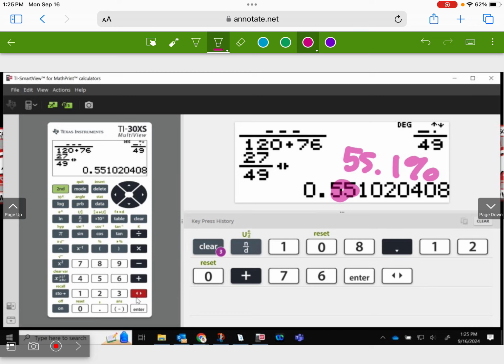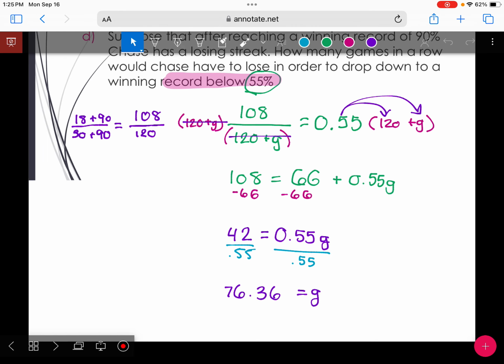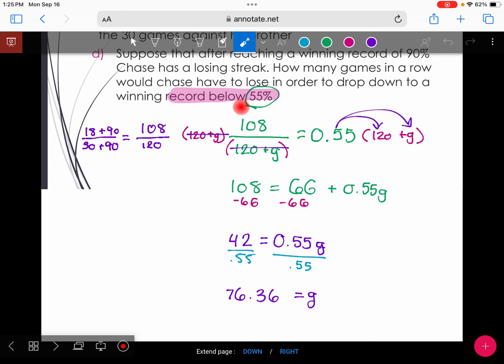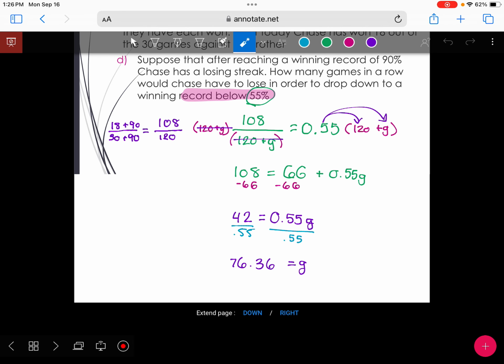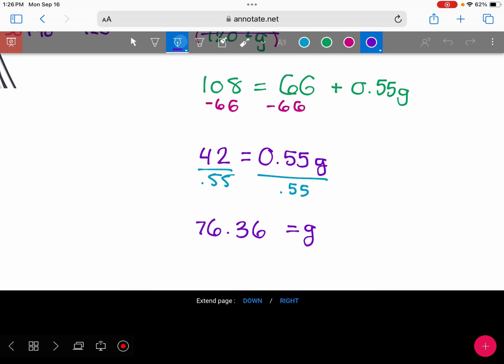That is above 55%, by 0.1%, but that's still above. So how should we round this? How many games does he need to lose in order for his record to be below? Does he need to lose fewer games? No, more. He needs to lose more games. So not 75, I told y'all 77.